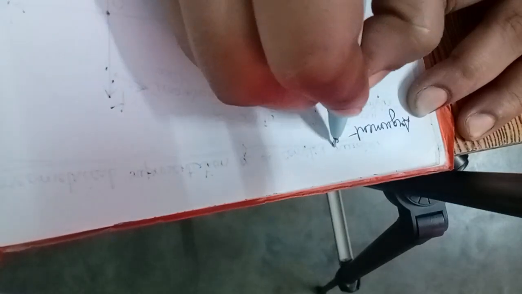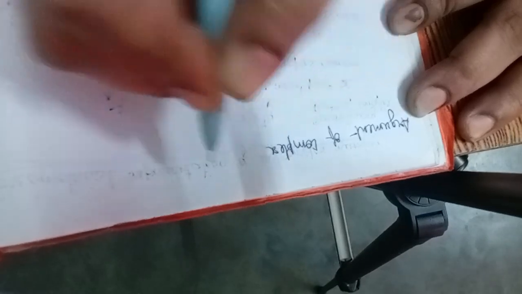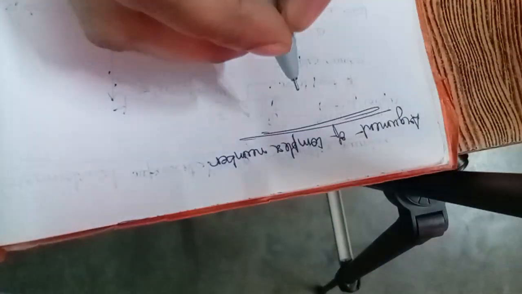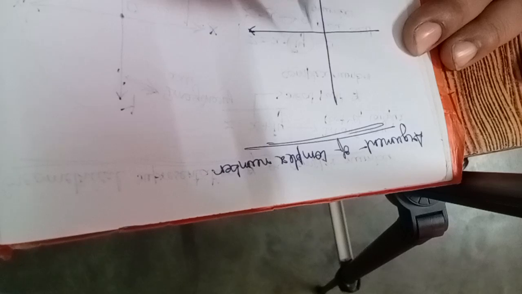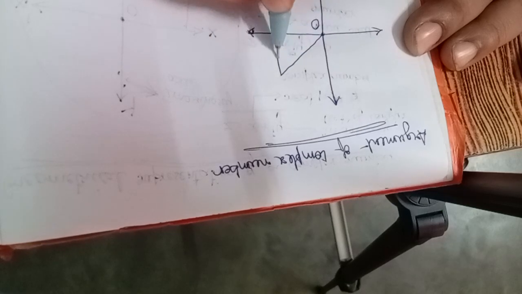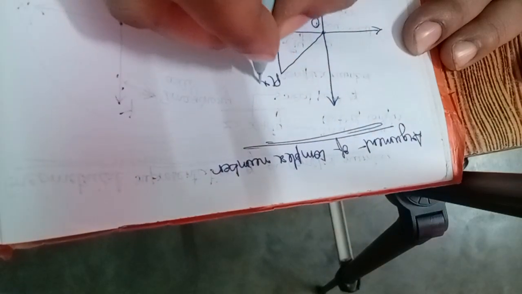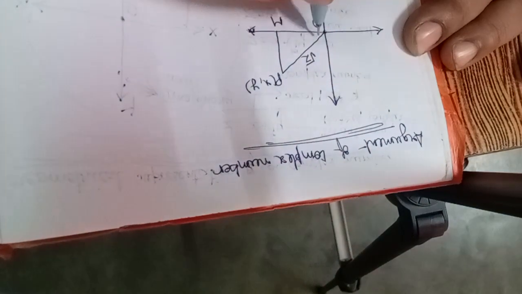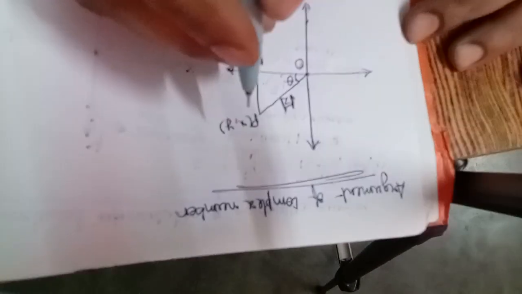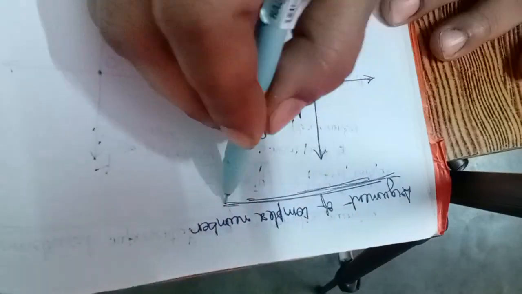Next, the argument of a complex number. If you take the figure again, this is mod z and this becomes theta. So what is the argument of a complex number?